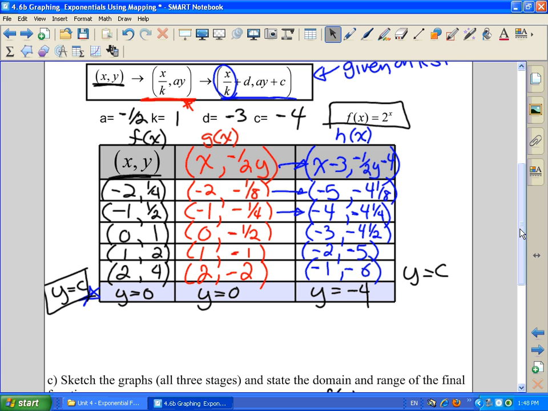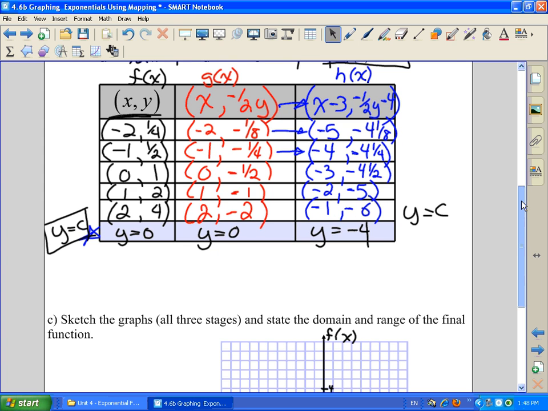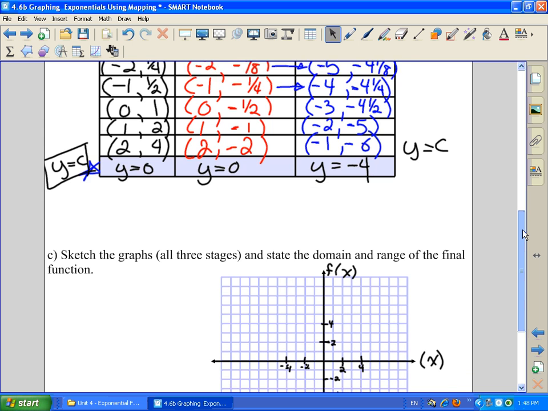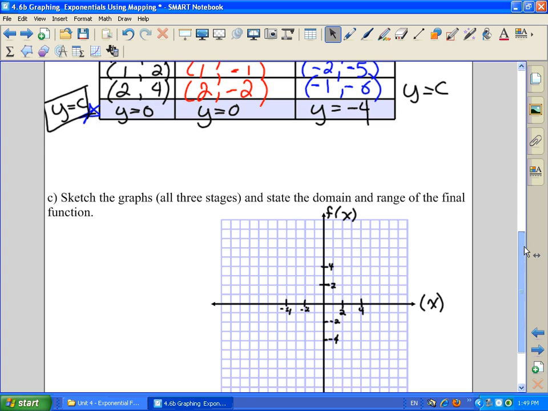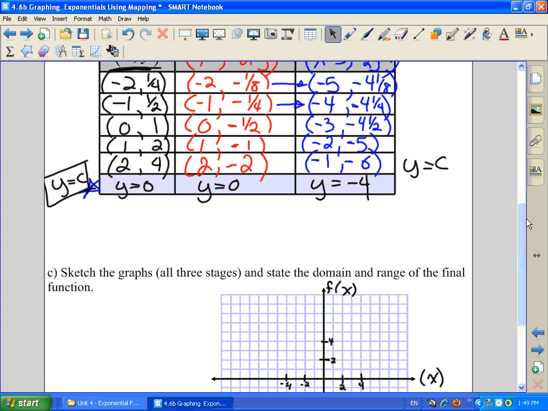All right, let's sketch all 3 graphs using the same colors, and then we're going to state the domain and range of the final function, which is our h at x. I know I can't fit both of them on here, so I'll try as best as I can to keep, actually I think I can. My first parent function, I'm going to start with 0 and 1. Then I'm going to go 1 and 2.